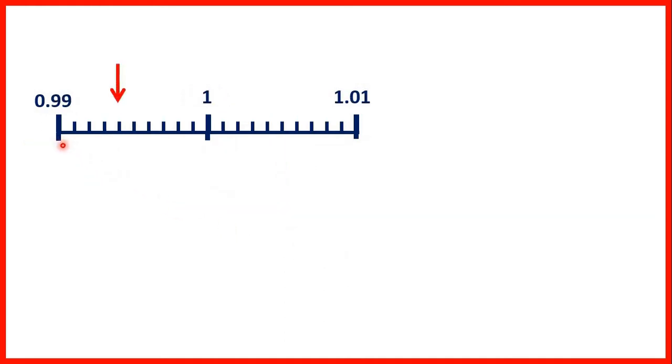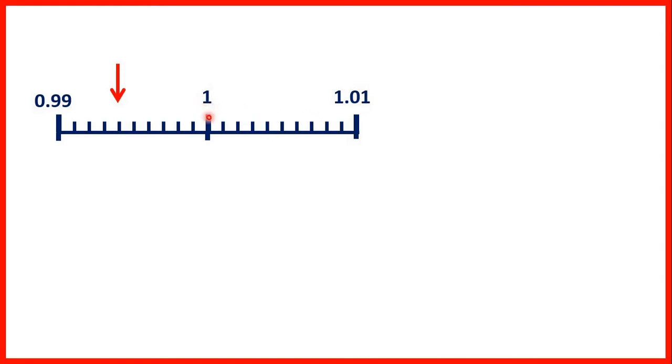So now we have a number line with 0.99, 1 and 1.01 labelled. Now 1 is one hundredth more than 0.99 and 1.01 is one hundredth more than 1.